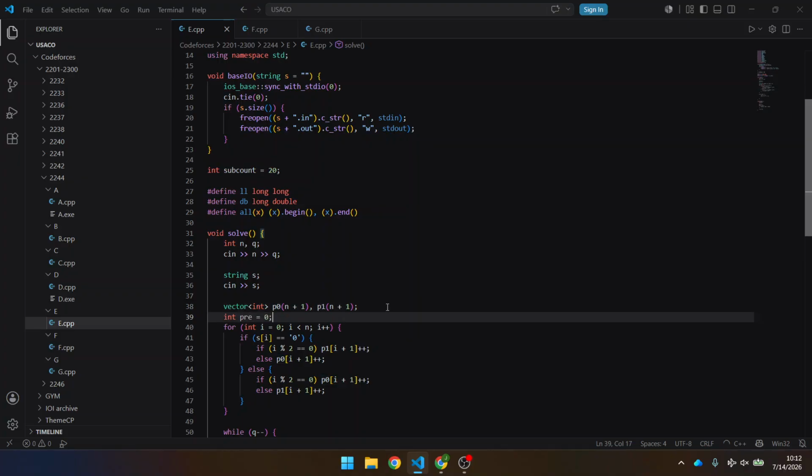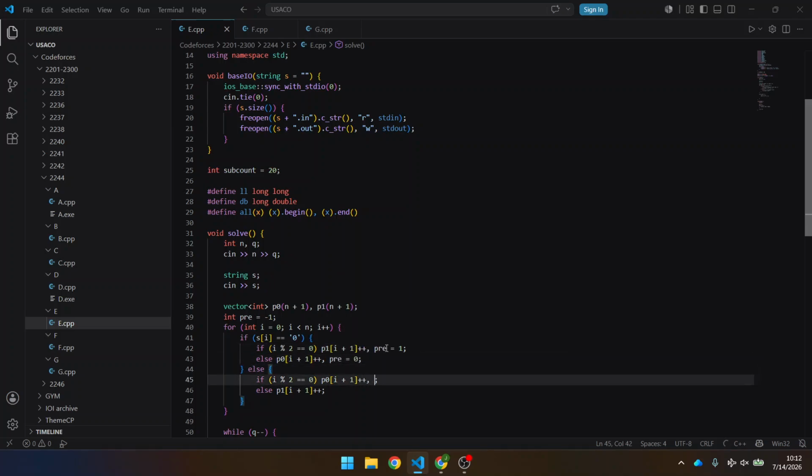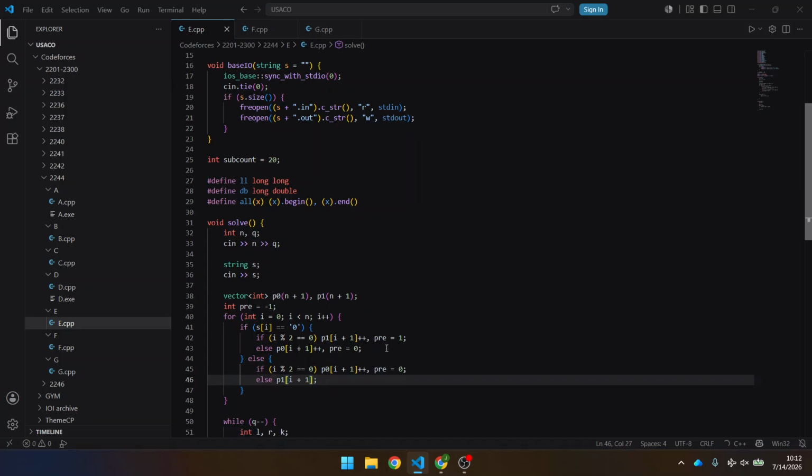Int pre is equal to 0. Pre is negative 1. Pre is 1. Pre is 0. Pre is 0. Pre is 1. Plus equal to pre is not equal to 1.